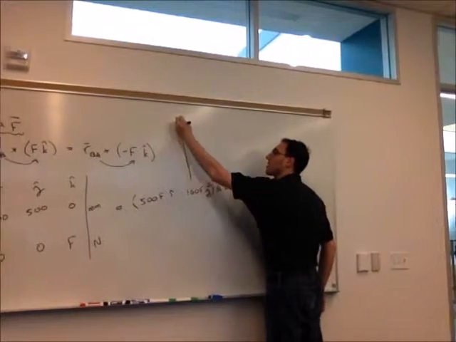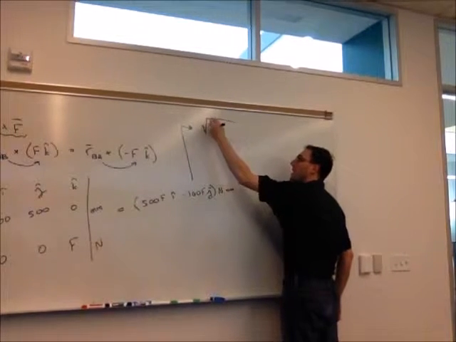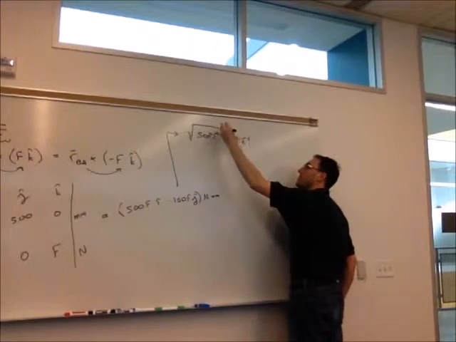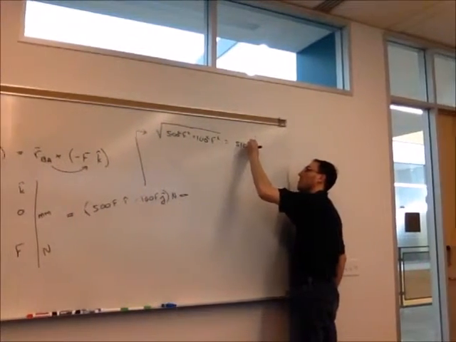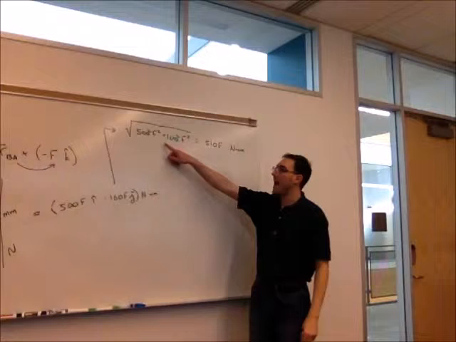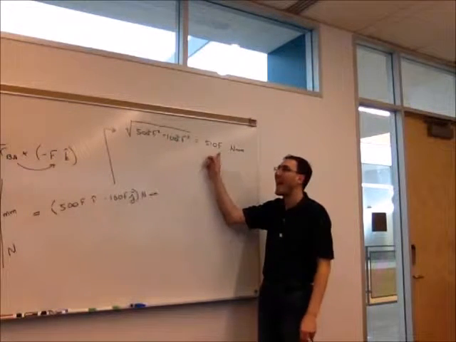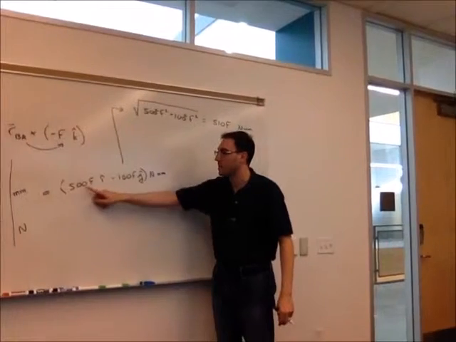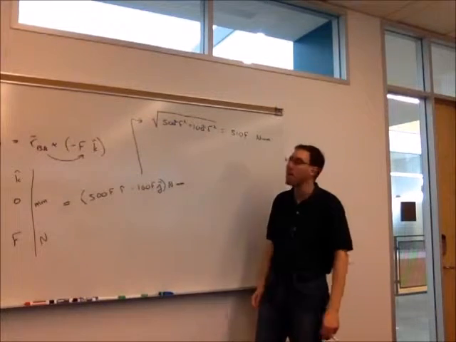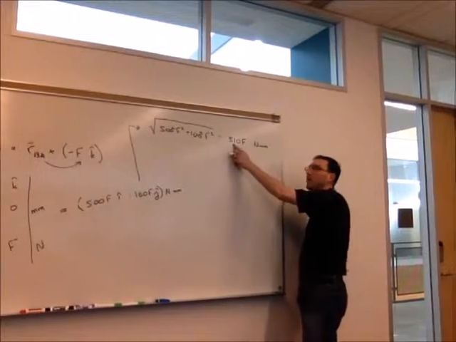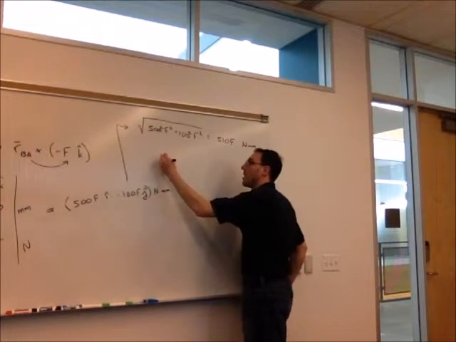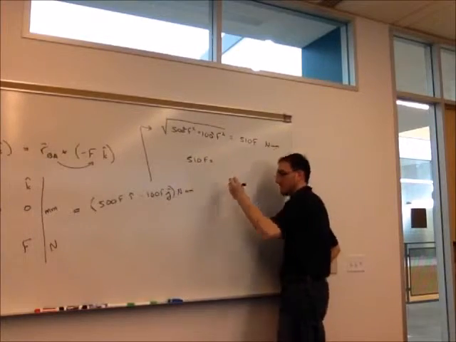So we can find its magnitude, which is the square root of 500 squared F squared plus 100 squared F squared. Remember, when you're squaring the components, this is a product, so you're squaring each part of it. That reduces down to a nice 510F. So this magnitude, 510F, is equal to the 50.